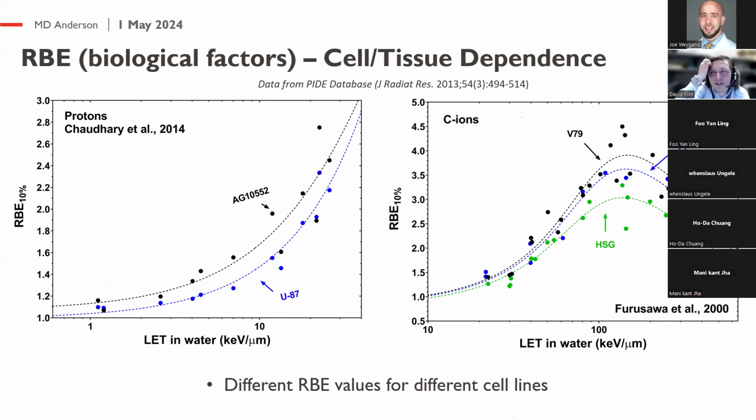So just to come back to these data that I showed a slide ago, one of the other things you can glean from this plot is that each of these curves is a different cell line. And for each cell line, you get a different answer for what the RBE is. This is true all across the literature data: anytime you measure RBE in cells, if you pick a cell line, it has a unique RBE response.